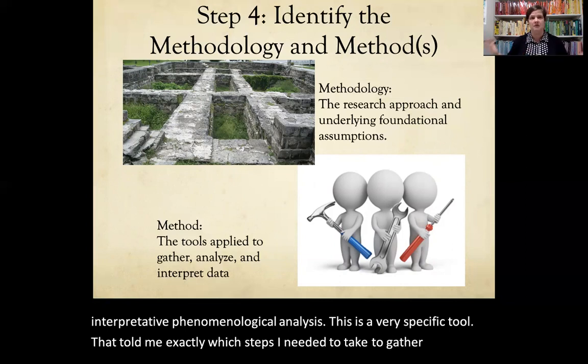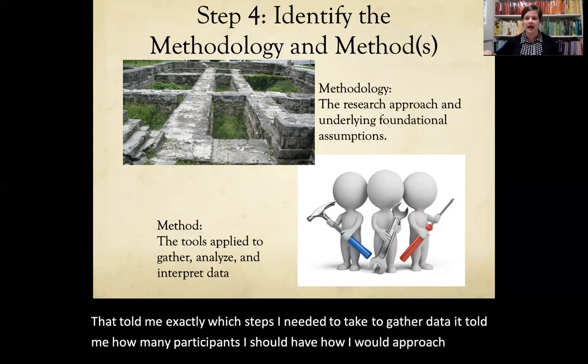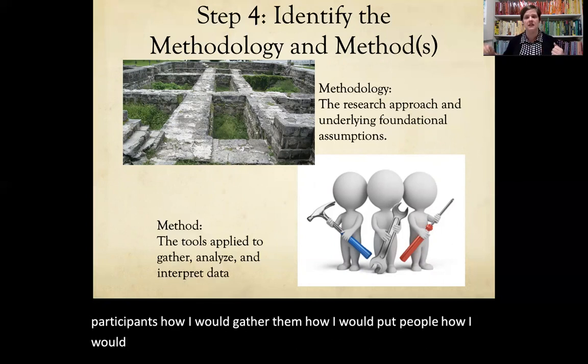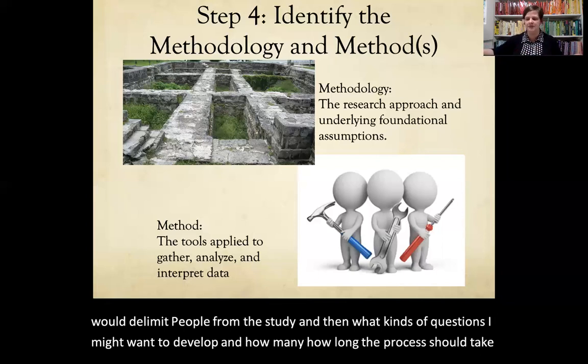It told me how many participants I should have, how I would approach those participants, how I would gather them, how I would delimit people from the study, and then what kinds of questions I might want to develop and how many, how long the process should take. And it gives me every step that I need.